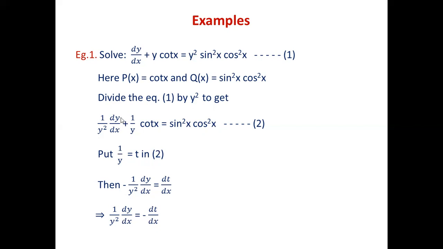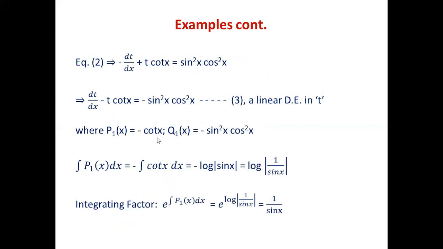So in equation 2, you replace 1 by y by t, and dy by dx by minus dt by dx. On replacing, we get equation 3. Now this is the linear differential equation in t.